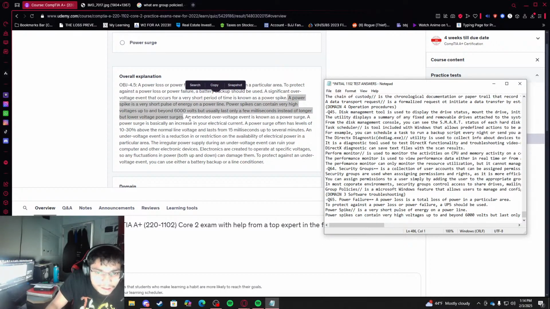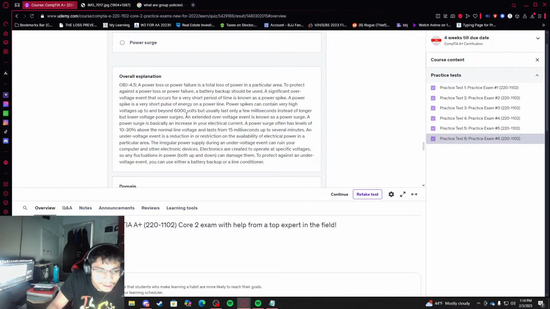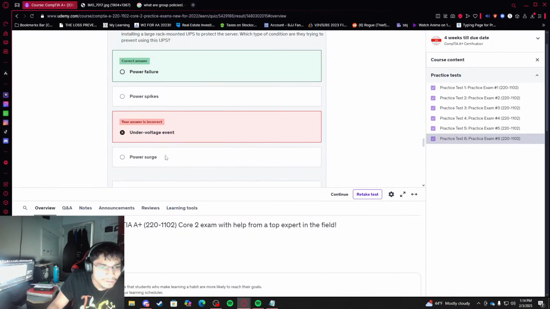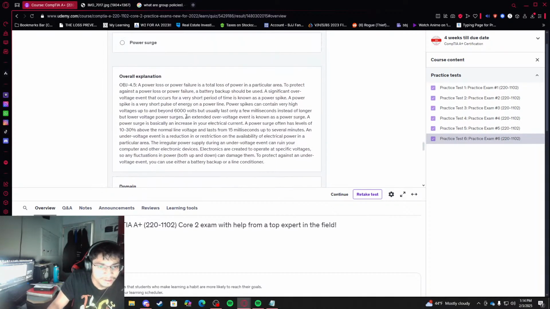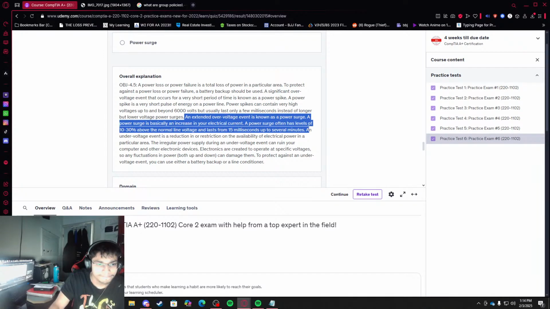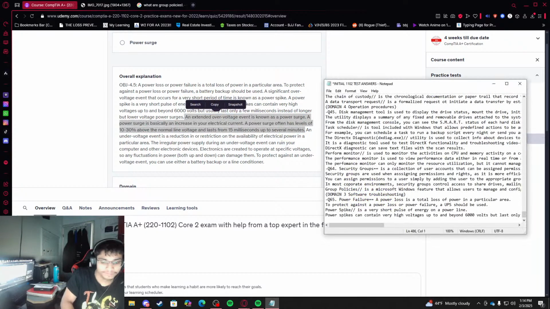Okay. And is that one of the, yeah, power surge. But this is good. We didn't even know the difference between that, really. An extended overvoltage event is known as a power surge. Power surge.